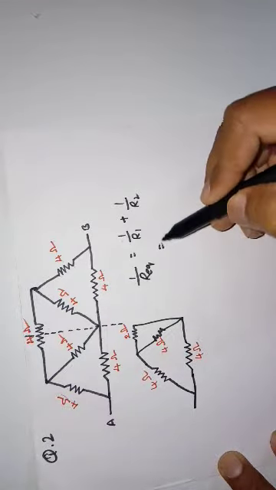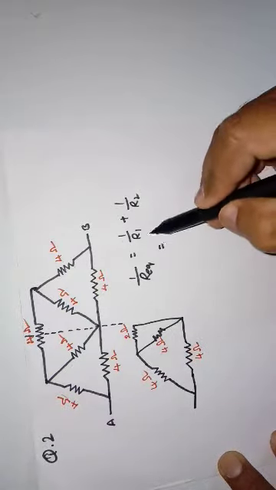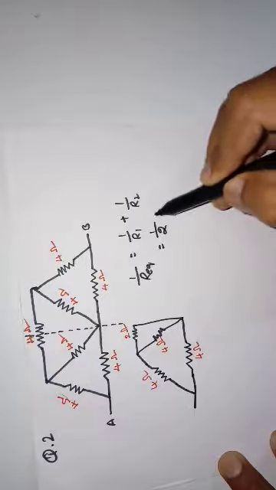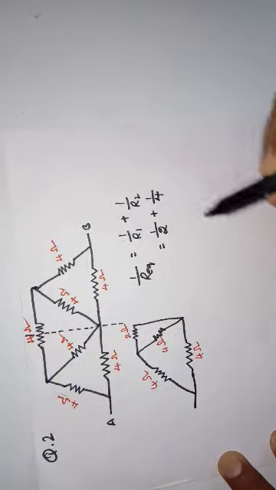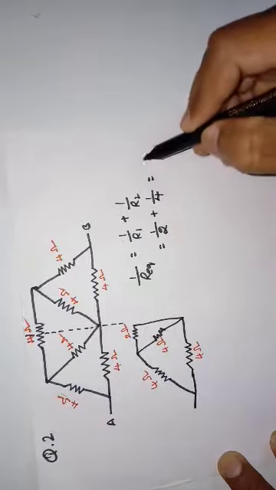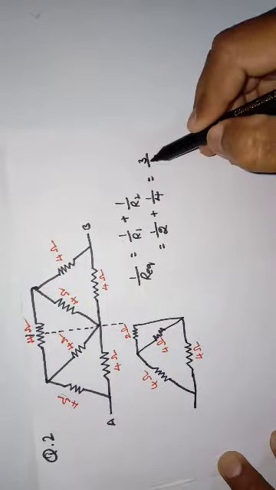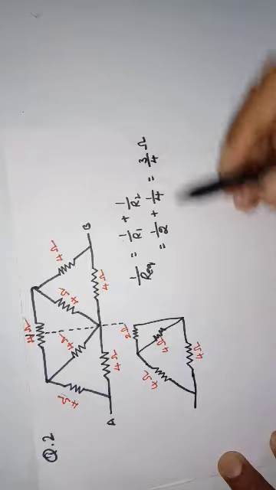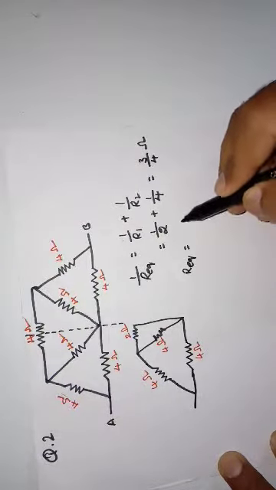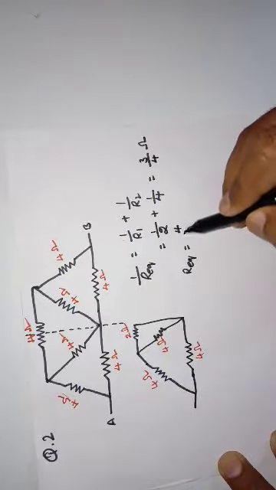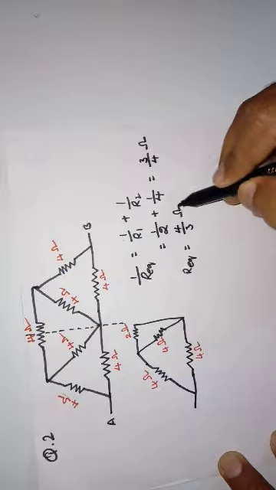Let us substitute the values. 1 by 2 plus 1 by 4, and this becomes 3 by 4, and then our R equivalent is equal to 4 by 3 ohms.